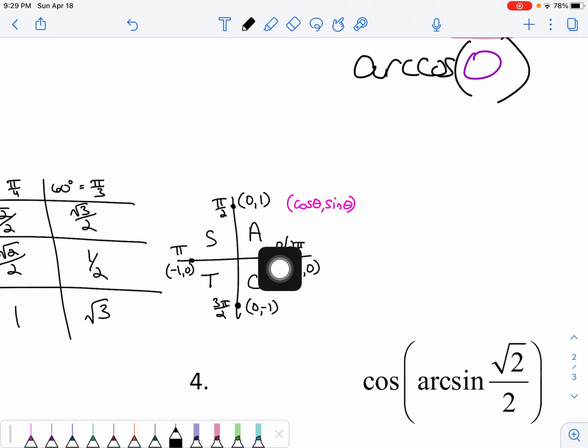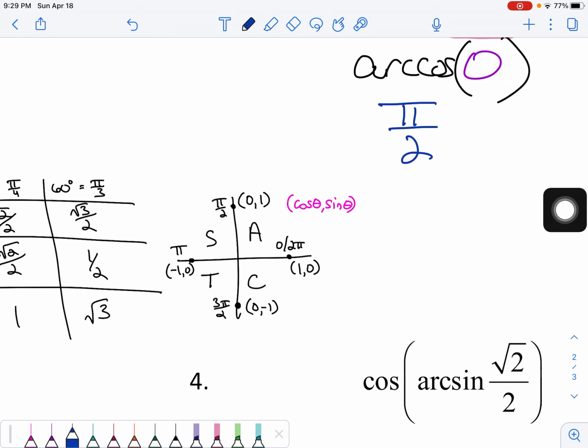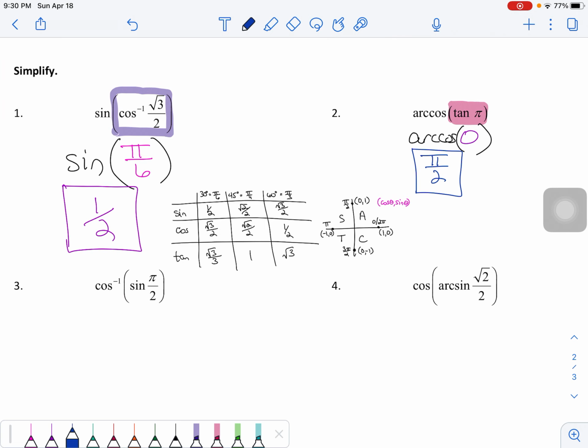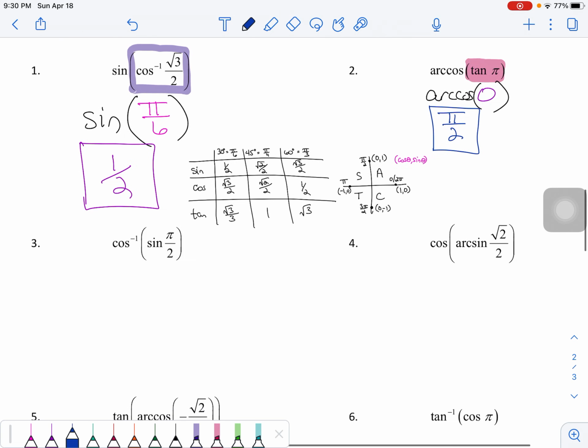One thing to keep in mind with cosine is I'm only dealing with the top half of the unit circle. Cosine is my x value, and up at the top here is where cosine is 0. So there's the 0, and that's at the radian measure pi over 2. So this is going to be an answer of pi over 2. Box it up, double check. Yep, okay, we're good. I wanted to make sure there wasn't a third piece to do there.